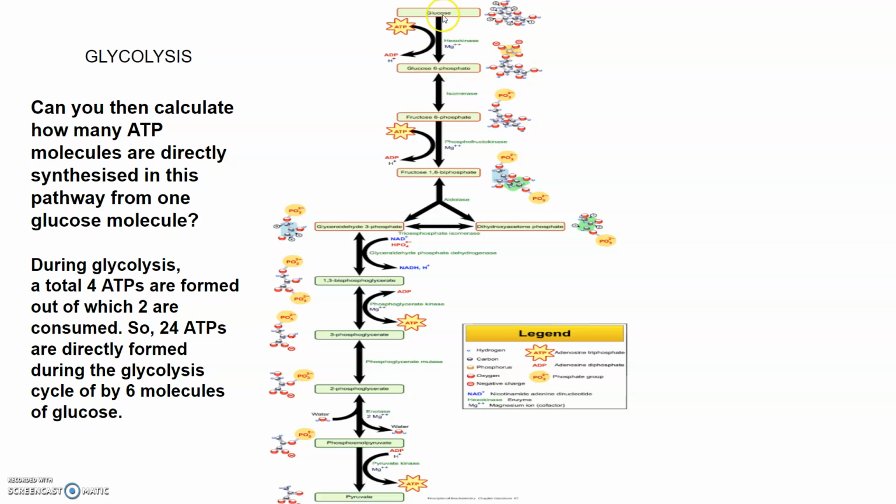For one molecule of glucose, 4 ATPs are formed, out of which 2 are consumed. So 6 molecules of glucose release 24 ATP molecules at the end of glycolysis.